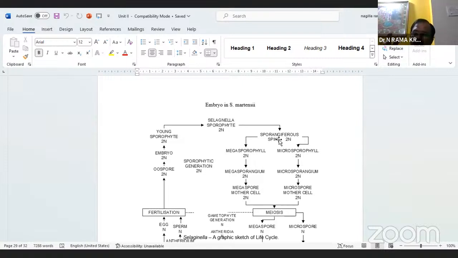From the pteridophytic plants, an excellent vascular system is there. That's why the sporophyte becomes a totally independent plant. The gametophyte is a short-living plant. In bryophytic plants, the sporophyte depends on the gametophyte. But when you come here, the vascular systems are highly developed. That's why the sporophyte is independent.